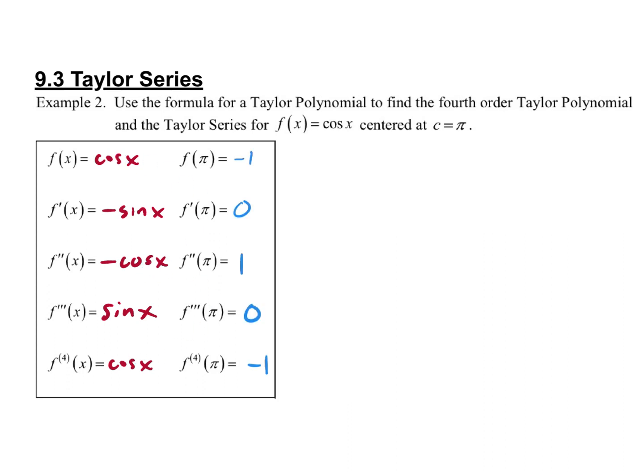Did you have that? All right, so now let's set it up. The key thing is, remember, we got the 0th term, the first term, the second term, the third term. And so our factorial goes along with that. Our power on our binomial goes along with that.